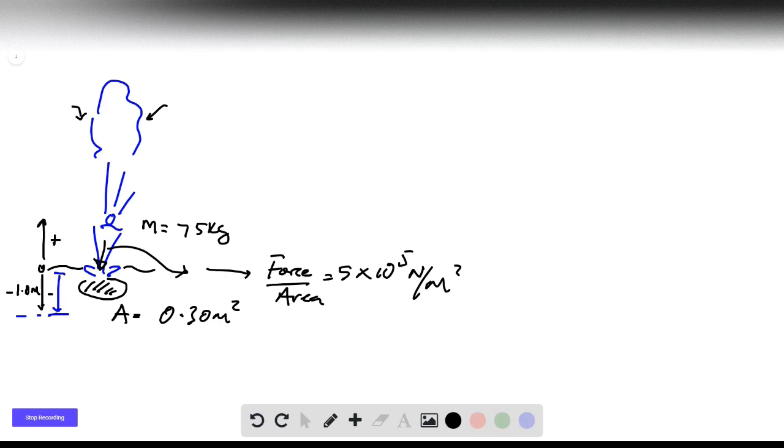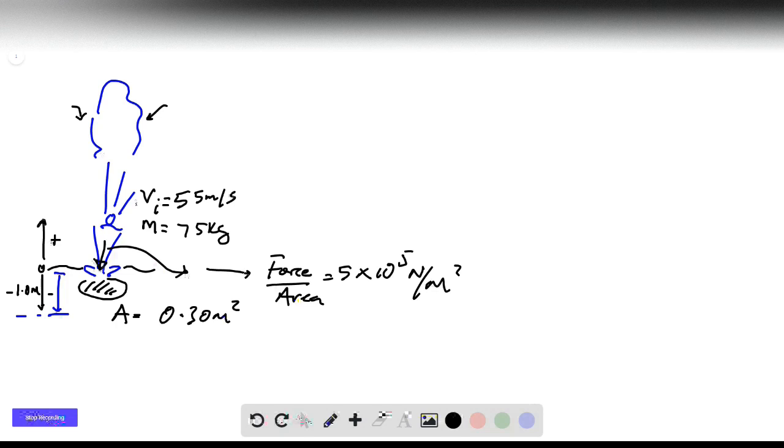The other thing we know is that just before the impact, the initial velocity, V initial, is 55 meters per second downward.